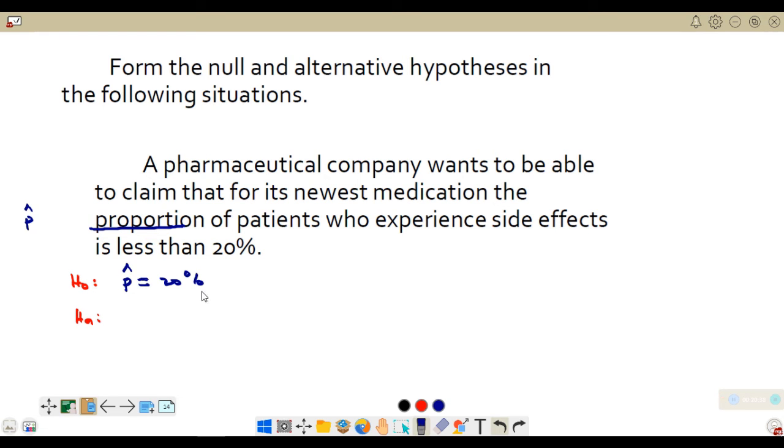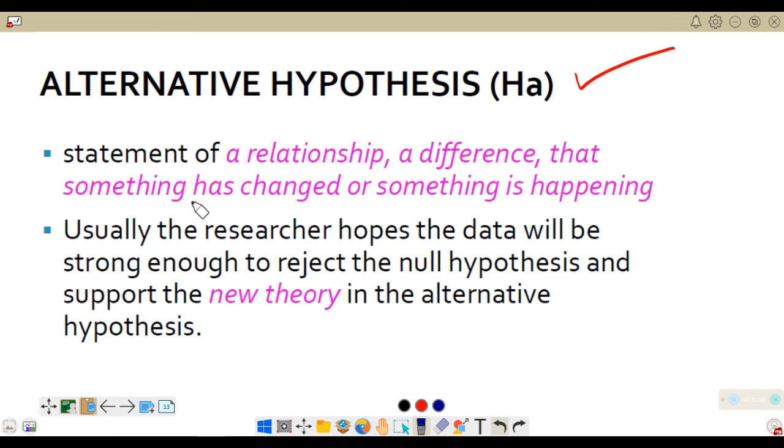So, the proportion is equal to 20%. Contrary to the alternative hypothesis, which states that the side effects is less than 20%. So, yung kiniklaim nung research, yun yung H sub A, as we mentioned earlier.